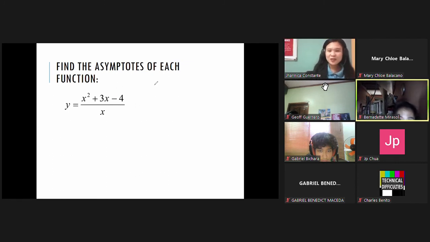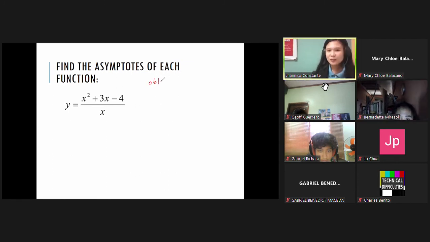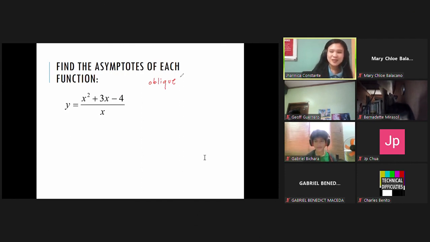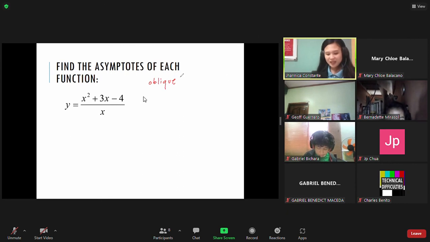Oblique. So we're going to have an oblique asymptote. Can you divide x squared plus 3x minus 4 divided by x? What will be the quotient? What will be your oblique asymptote?